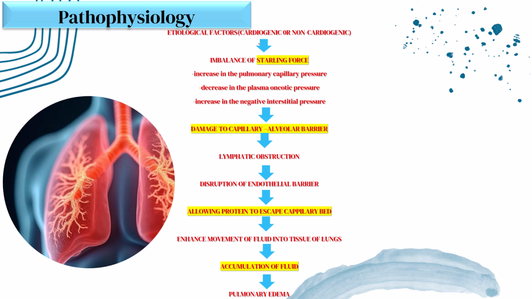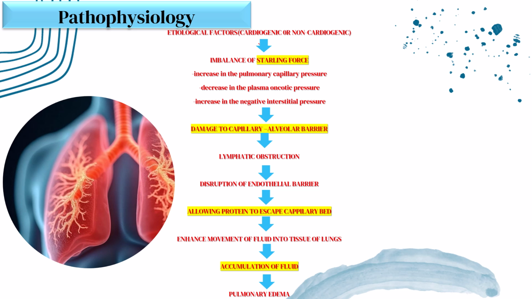Okay. So when we go to pathophysiology, any etiological factors, whether cardiogenic, non-cardiogenic, whatever, lead to an imbalance in this Starling force or Starling equation, which leads to an increase in the pulmonary capillary pressure, a decrease in the plasma oncotic pressure, and an increase in the negative interstitial pressure.